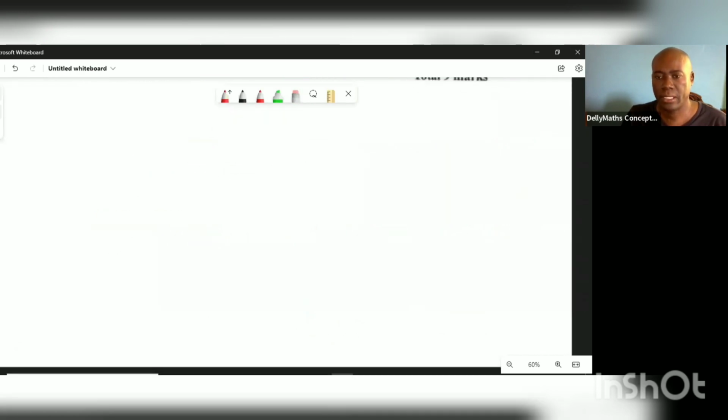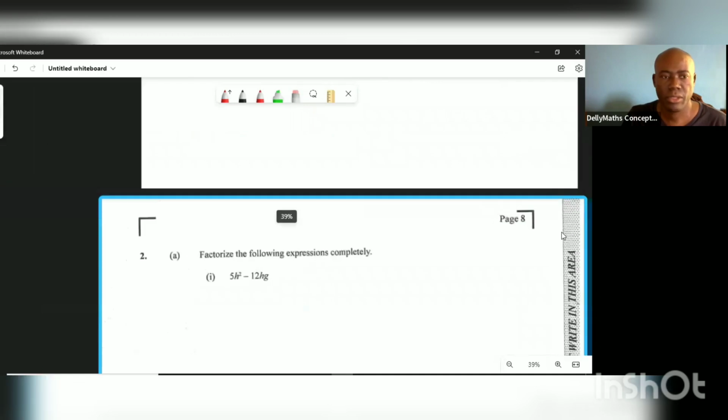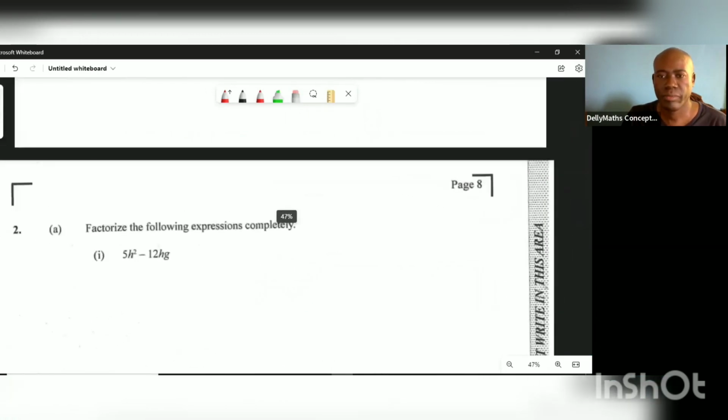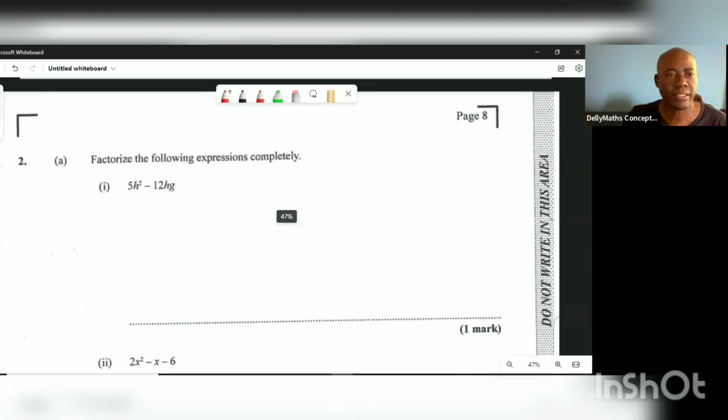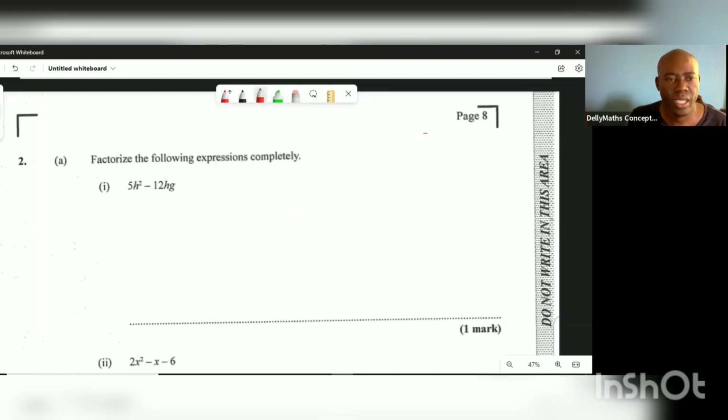All right, let's grab the next question. It says, factorize the following expressions completely. So we're looking at 5h squared minus 12hg.